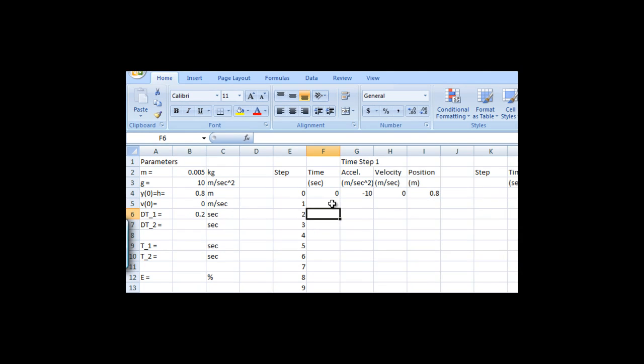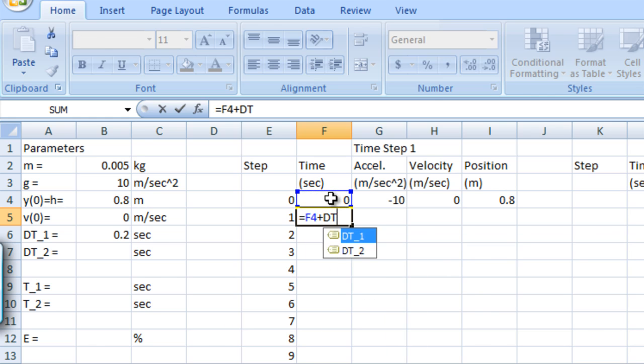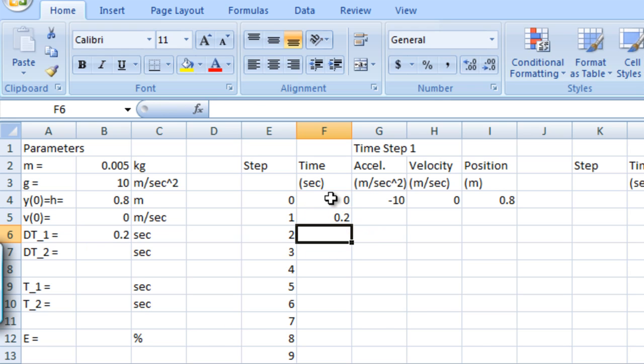I will instead enter a formula that depends on the delta t that I have put into a named cell. So I could either multiply the step number times delta t, or I can add delta t onto the previous time, so I will do the latter. In this cell I will type equals the previous time plus our delta t, which we named dt underscore 1, and of course I get 0.2 seconds.